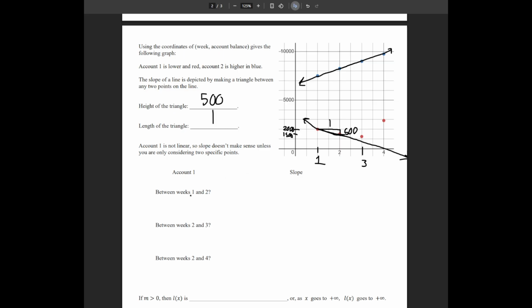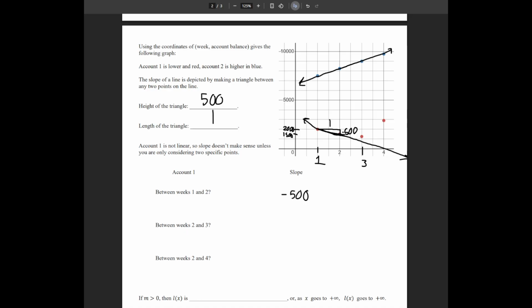All right, so let's look at account 1. Between weeks 1 and 2 for account number 1, our slope was negative 500. We just saw this. Let me go over this a little bit more actually. To find the length of this line right here, we can use the Pythagorean theorem. We don't necessarily need that. This will be helpful in the future.